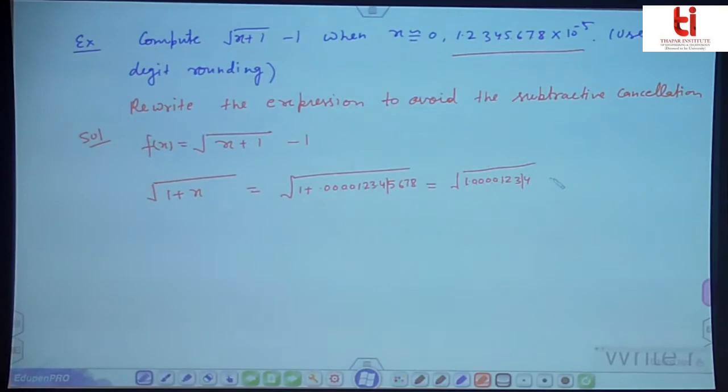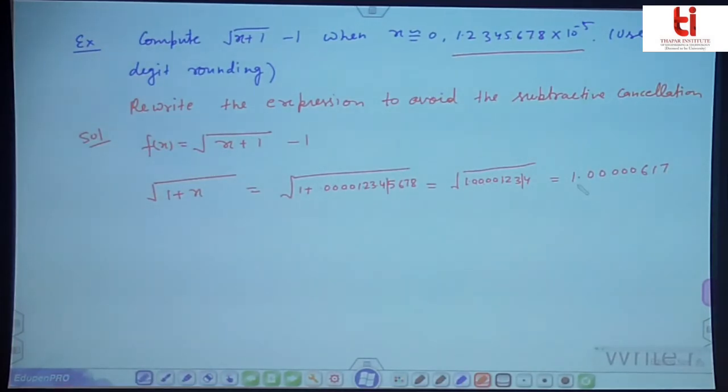So if we take the square root of 1.0000123, the value is coming out to be 1.0000617. Okay.